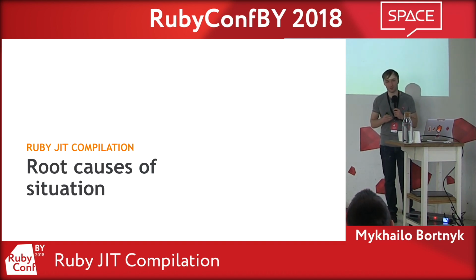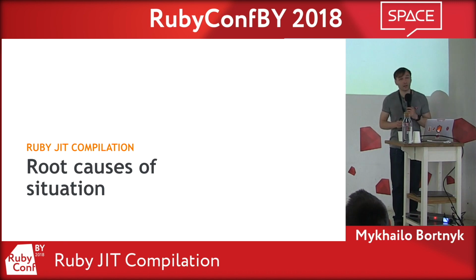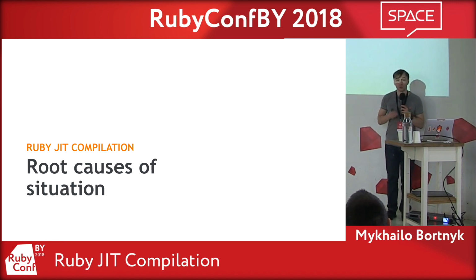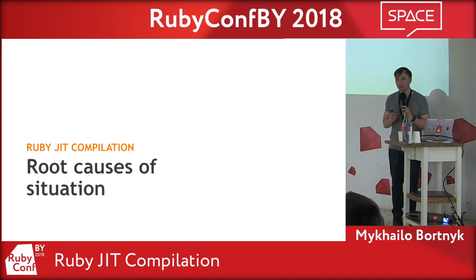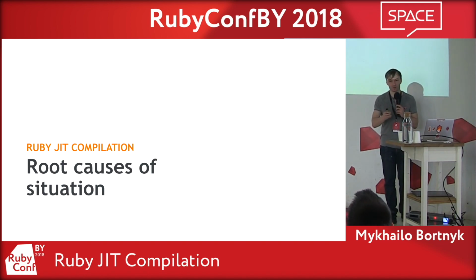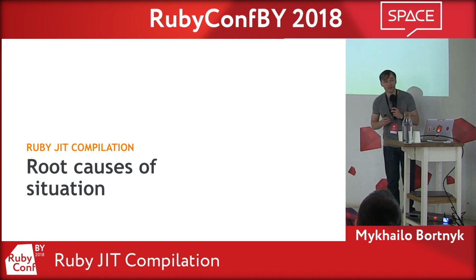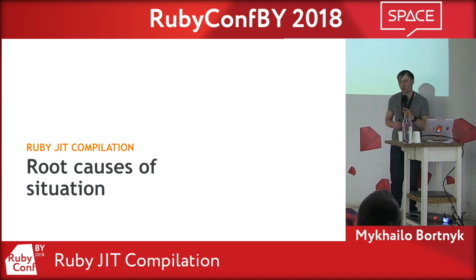Why did this happen so late? It's a sad situation because the Ruby core team is actually big, but the Ruby compiler core team is actually very small. And Koichi Sasada, the most known YARV implementer, said in an interview that Ruby actually needs like 100 compiler developers. So if anyone feels courageous, you can join.